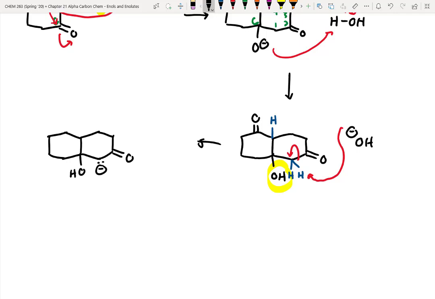We're still going to have this alcohol on here. And then in our next step, if we have heat, in fact, let's even include the heat symbol here just for thoroughness' sake. If we have enough heat, we can kick off this hydroxide as a leaving group.